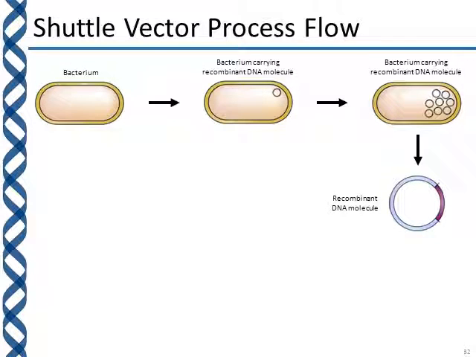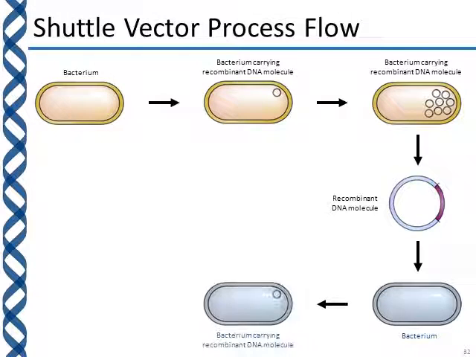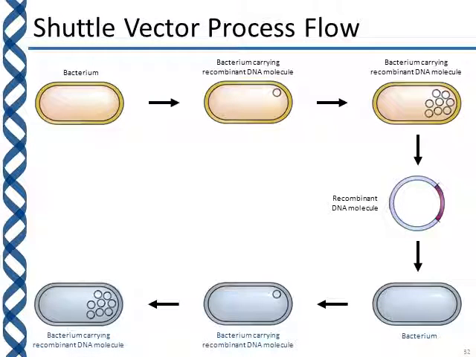You then look at this recombinant DNA molecule and it's transferred to a second bacterium. Now you have a bacterium carrying this recombinant DNA. And you see replication of this recombinant DNA within the second bacterium.